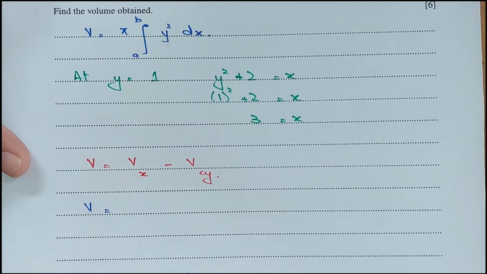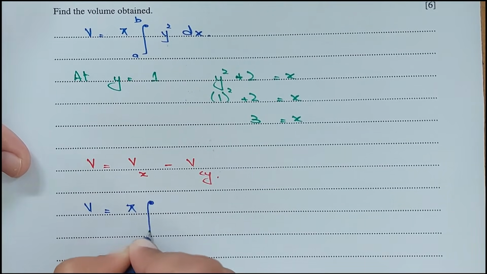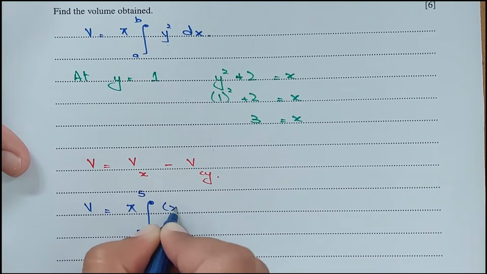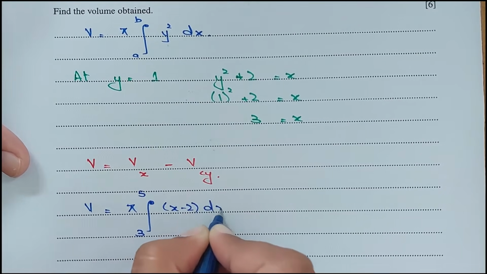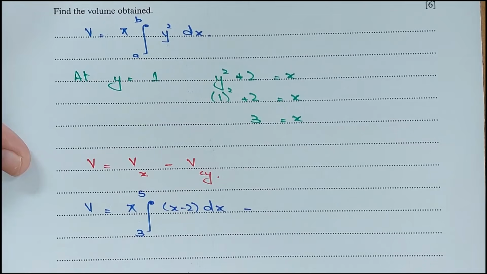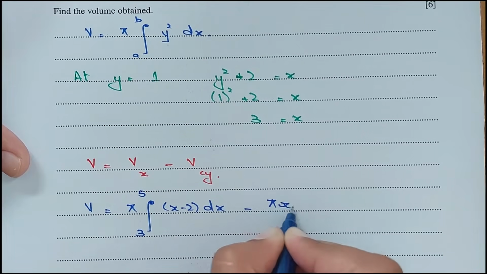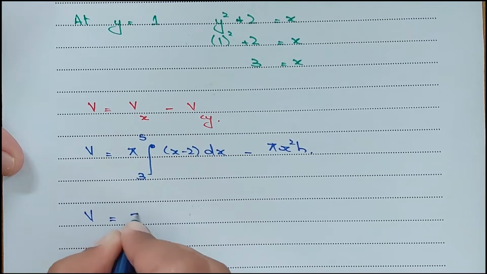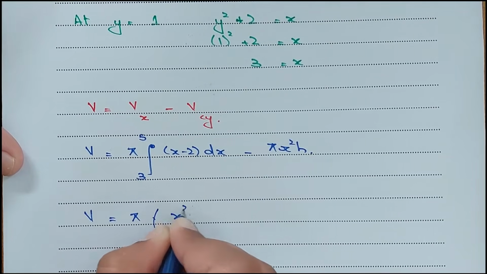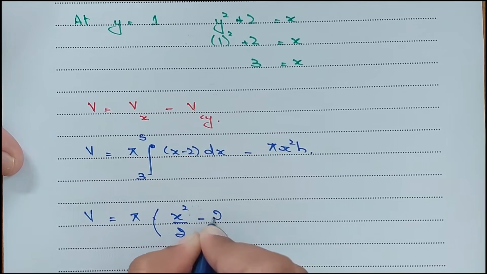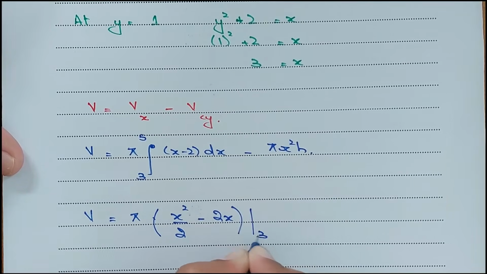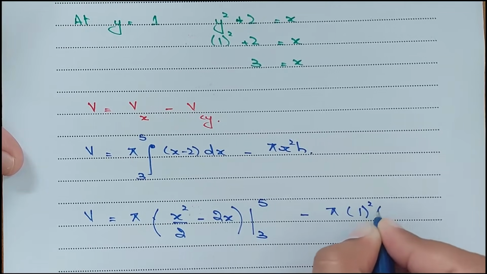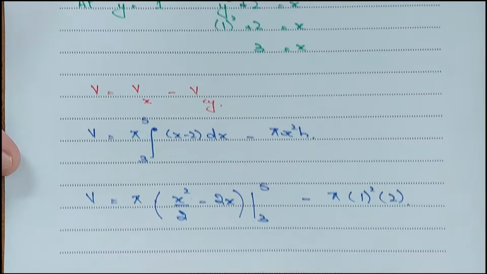So V would be equal to pi integral from a to b, a is 3 and b is 5, of x minus 2 dx, minus the volume of a cylinder, pi r squared h, right? So V is equal to pi, here we have x squared over 2 minus 2x from 3 to 5, minus pi, the radius of the cylinder is 1 and the height is 2, right?